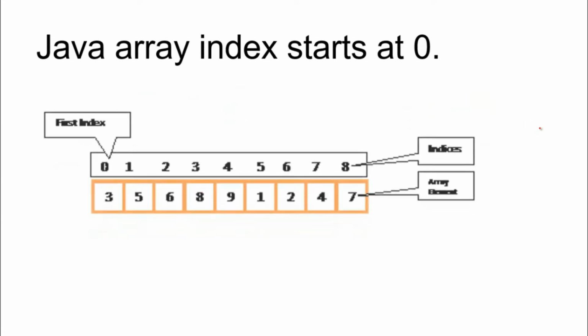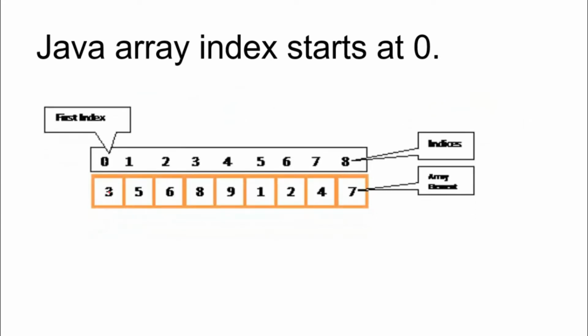Now see, a Java array starts at 0. Say the array is defined as a. If I define this here, you see the indices are 0 to 8, so that means it will store 9 values here: 3, 5, 6, 8, 9, 1, 2, 4, 7.